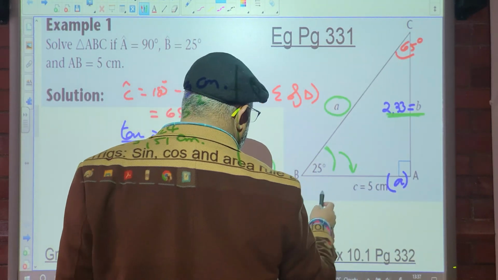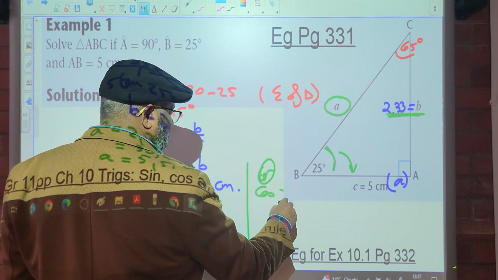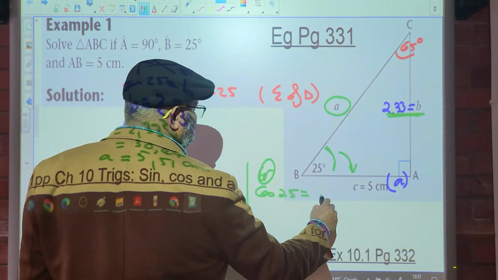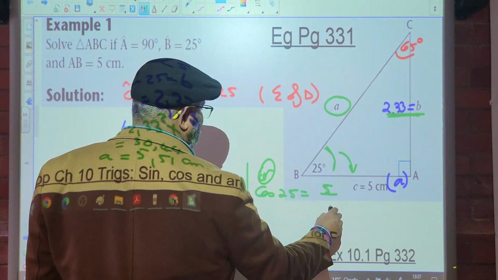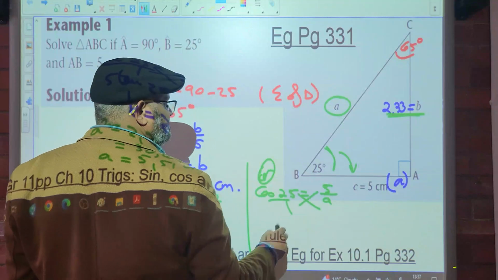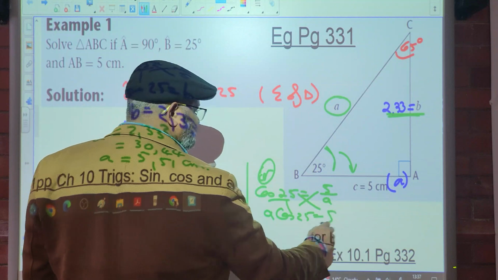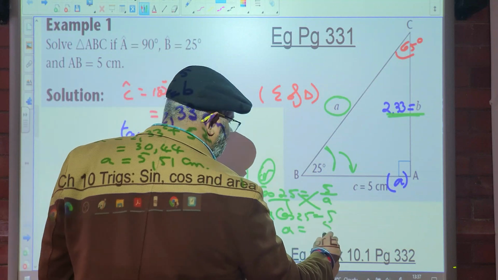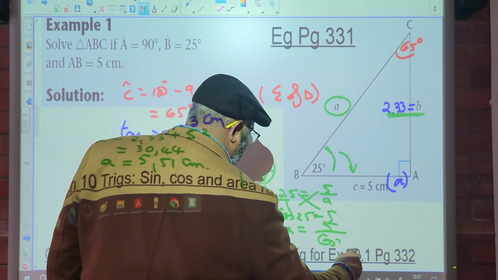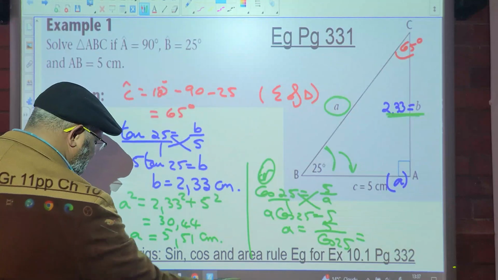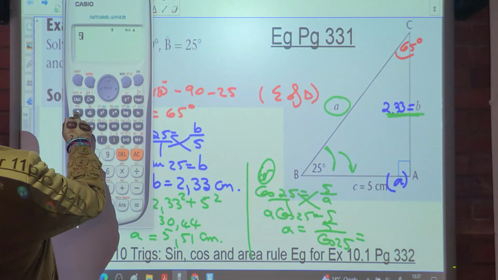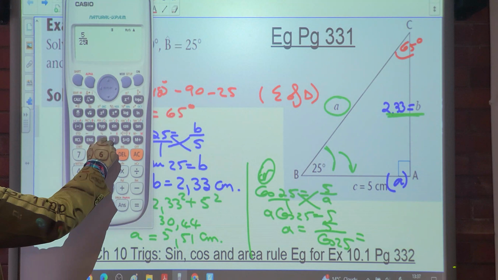So you're going to say cos 25 is equal to adjacent, which is 5, over hypotenuse. So that's over 1, cross multiply. A cos 25 is equal to 5, divided by cos 25 both sides. So A is going to be 5 over cos 25. So that's the calculator: 5 over cos 25.